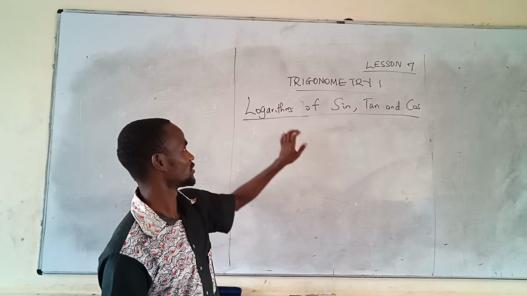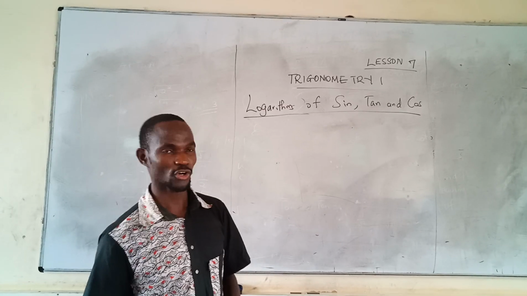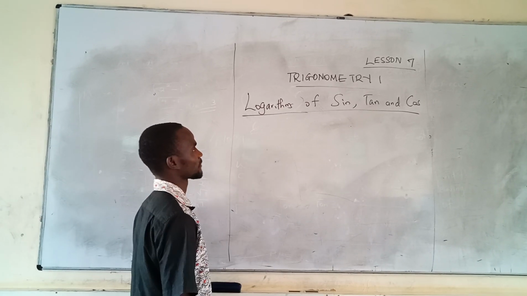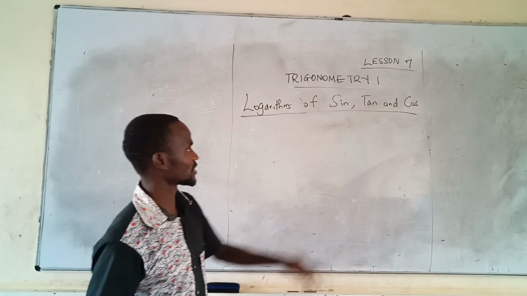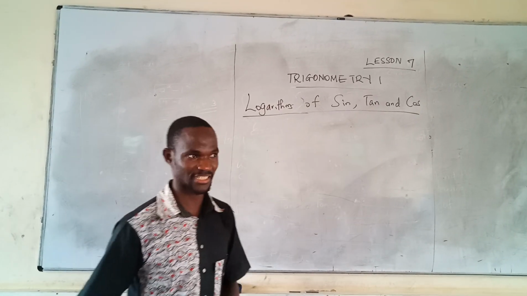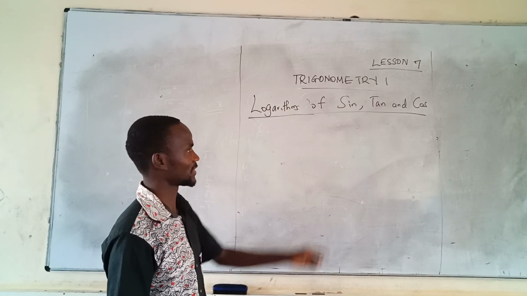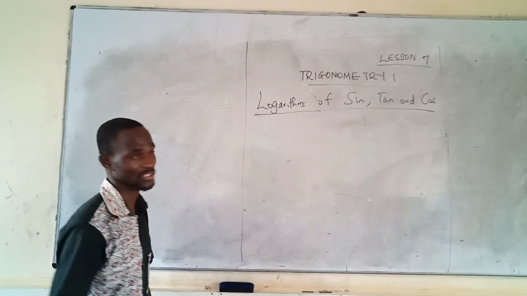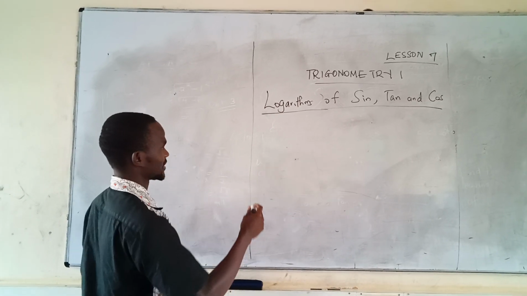Today we want to look at logarithm of sine, tan, and cos. Now maybe given a particular sum, you are seeing sine, tan, and cos within that sum. We can use the logarithms of sine, tan, and cosine to enable us evaluate the value of that given sum.